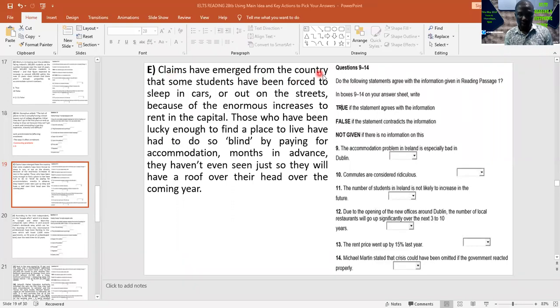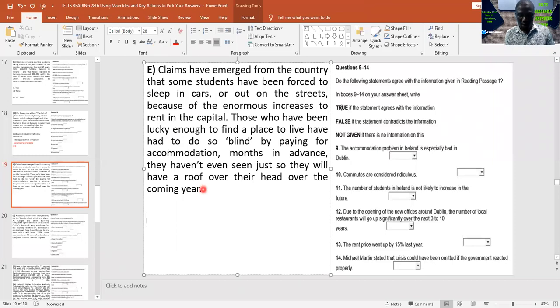Claims have emerged from the country that some students have been forced to sleep in car or street because of enormous increase in accommodation price. This one is talking about the response to increase in accommodation price, and what is happening, sleeping.